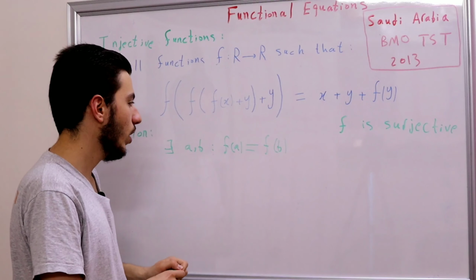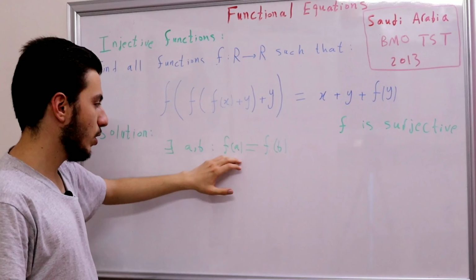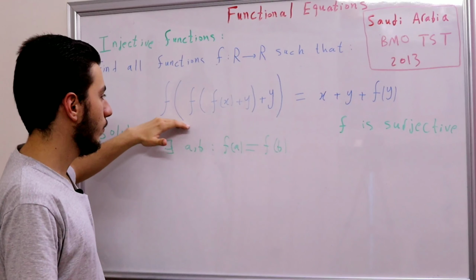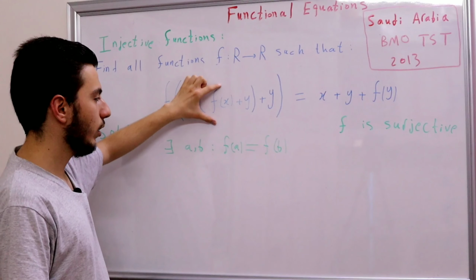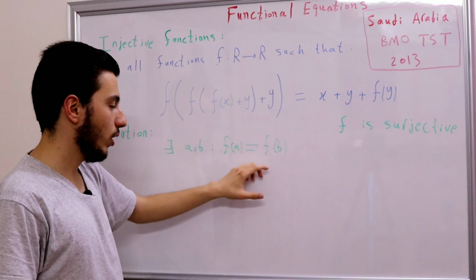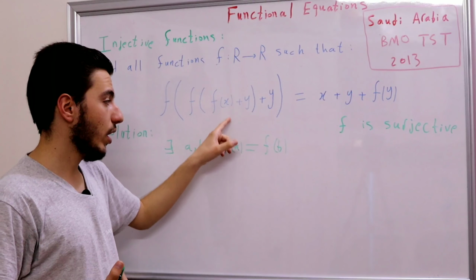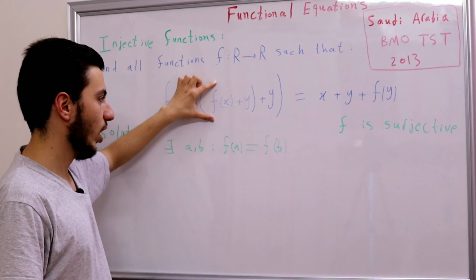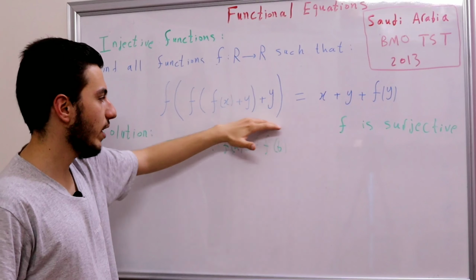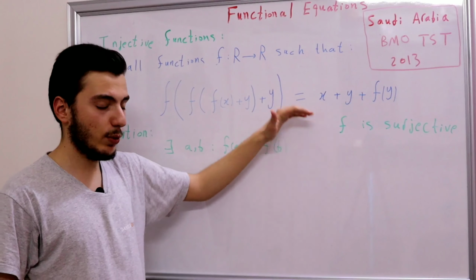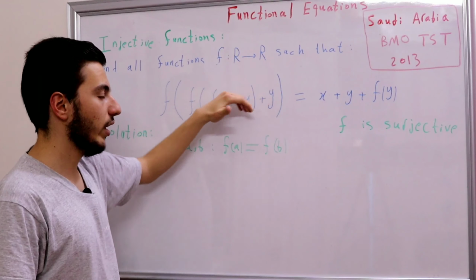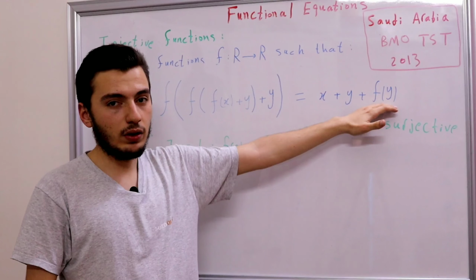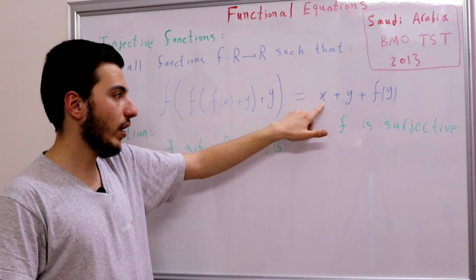Well, why is that true? Because if we substitute x with a and y as y, we are going to have the left-hand side containing f of a. But when we substitute x with b, we're also going to get the same left-hand side, because here we have f of a equals f of b. So the left-hand side is indeed the same. So when we subtract them, this left-hand side will be 0. But what about here? y is going to be cancelled. So here we're simply going to have a minus b.